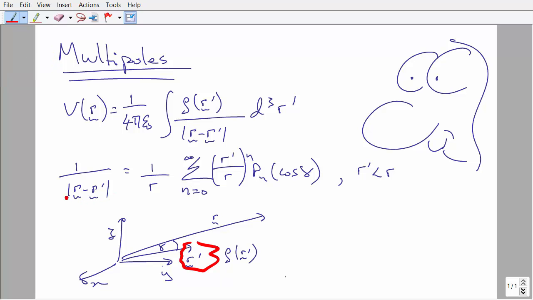So we have this expansion for 1 on mod r minus r prime. The particular expansion that I've written here is valid in two situations. The first one is that r prime is less than r.